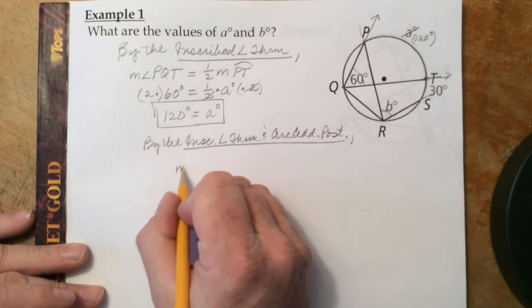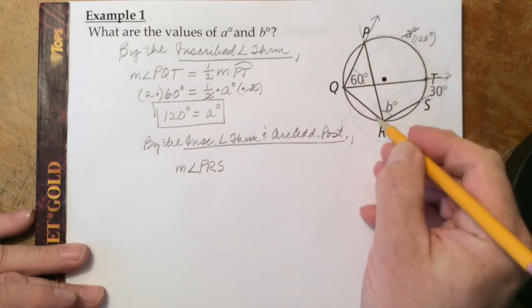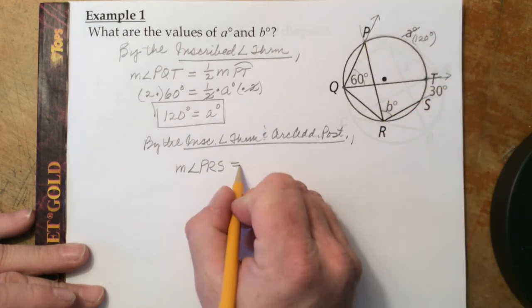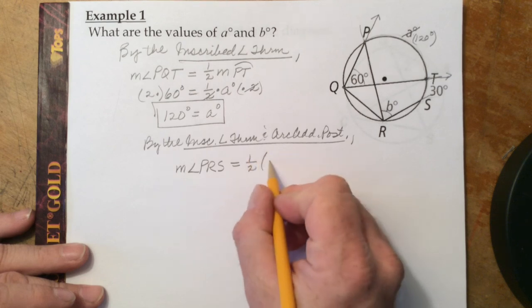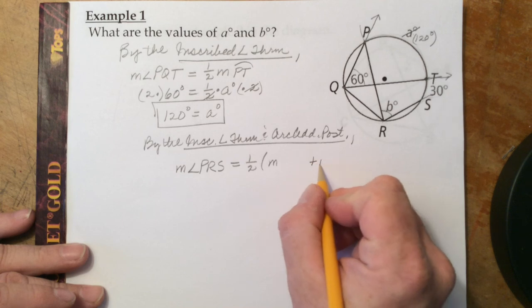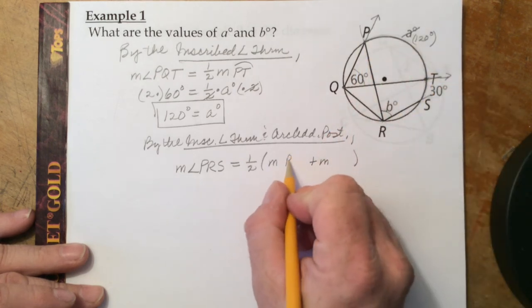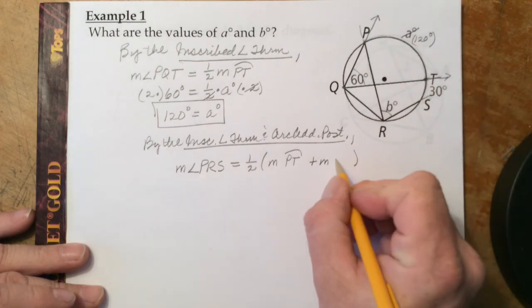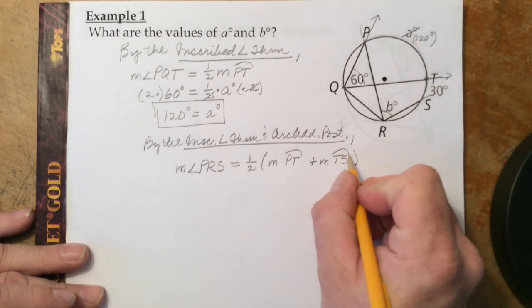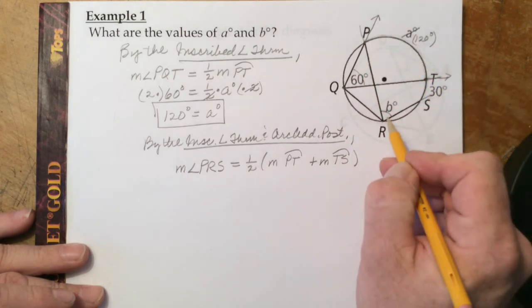we can say that the measure of angle PRS right here is equal to half times the sum of the measures of the two arcs: the measure of arc PT plus the measure of arc TS. Together, that will give us the entire arc PS that's being intercepted by the angle.